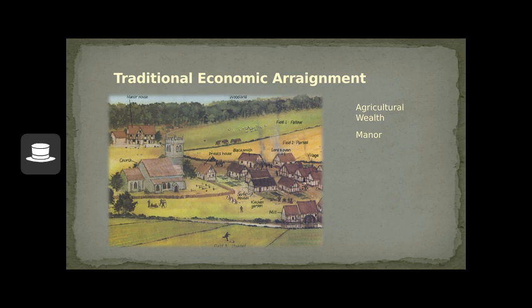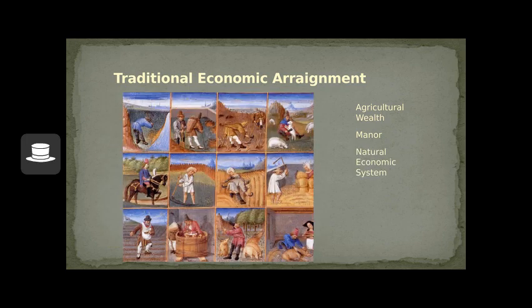All right. Now, an important economic concept when considering the Middle Ages is the fact that it was a natural economic system. That's what they call it. Natural economies are unnatural to us in the 21st century because we don't really have it so much, but it's the way things have traditionally been done throughout most of human history.